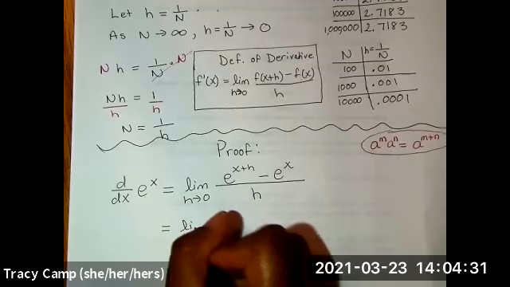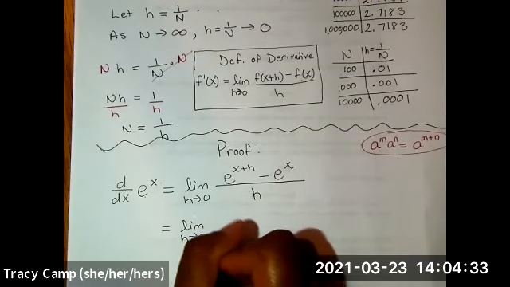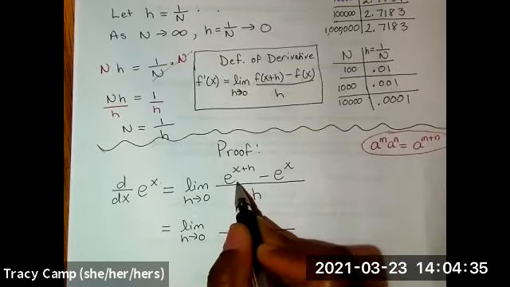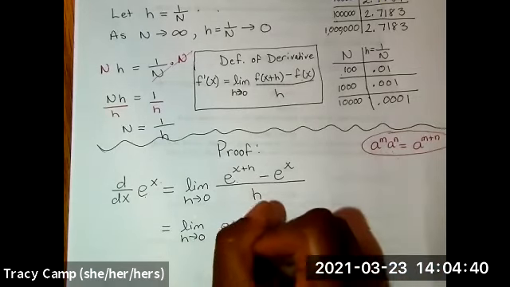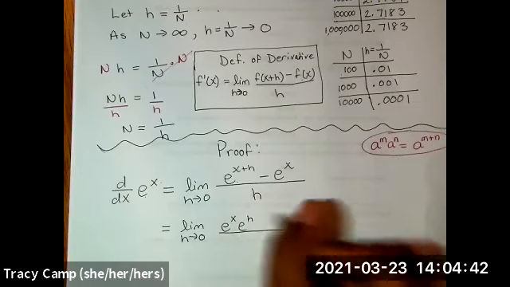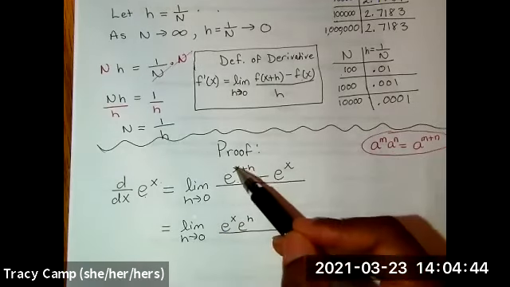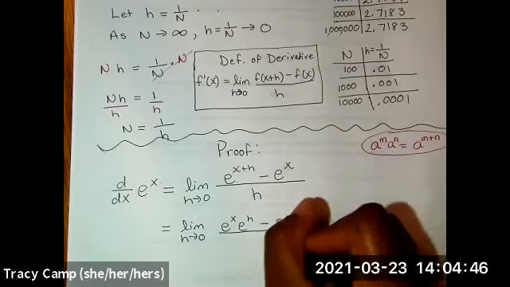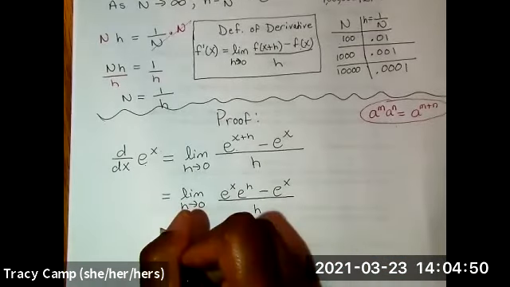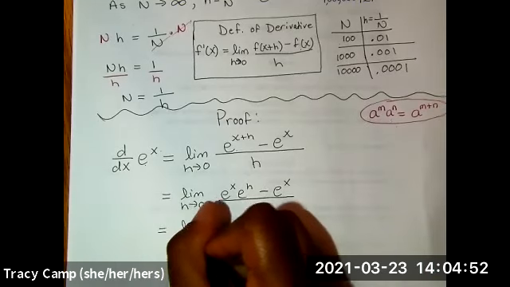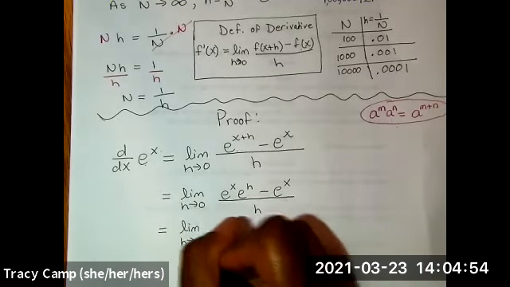So this is the limit as h approaches 0 of, I'm just going to rewrite this e to the x plus h in this form right here. So e to the x times e to the h. That's the same thing as e to the x plus h. And then we have minus e to the x, this is over h. And then this is the limit as h approaches 0.